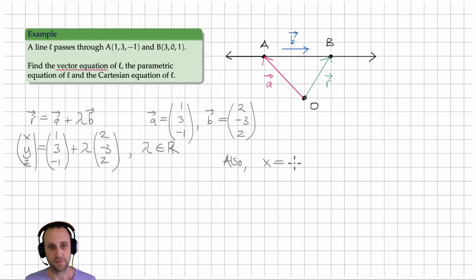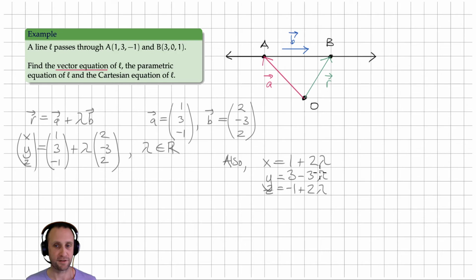So x is going to be equal to 1 plus 2 lambda. There's our first parametric equation. Y is going to be 3 take 3 lambda, and z is going to be -1 plus 2 lambda.